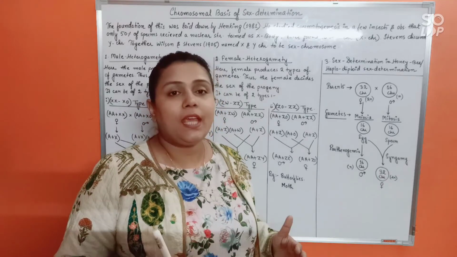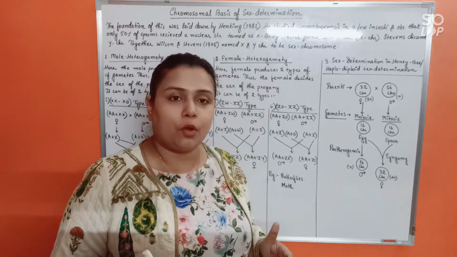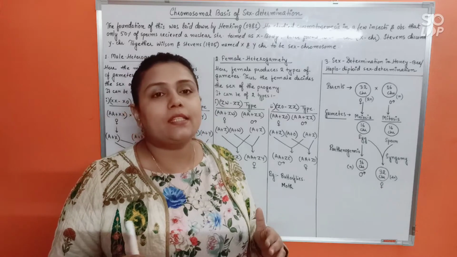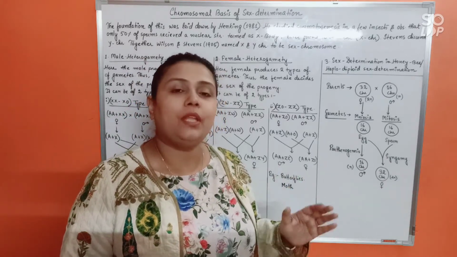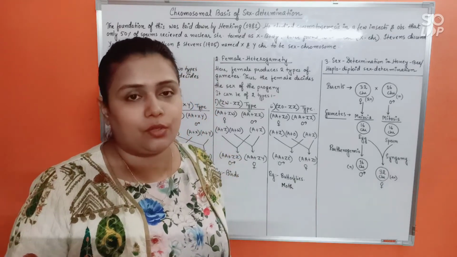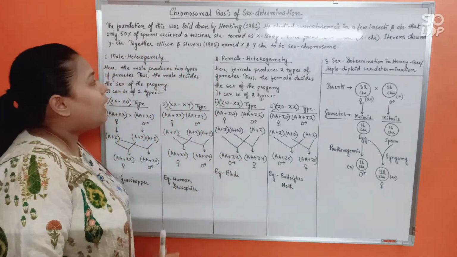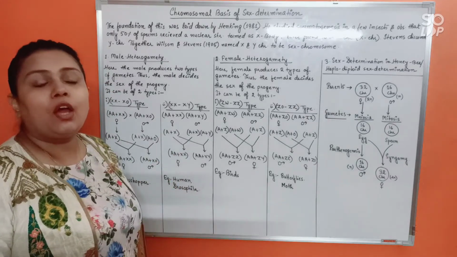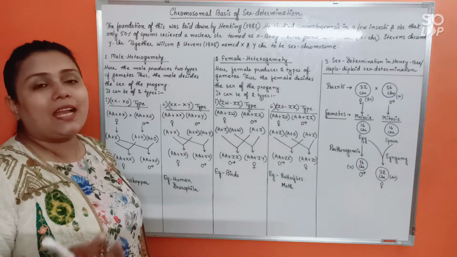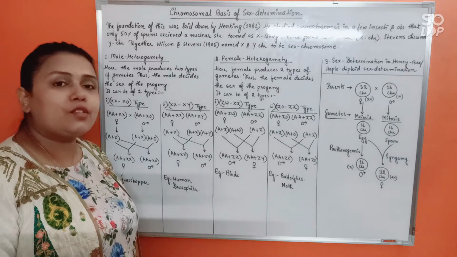So we have two types of chromosomes in our body: autosomes, which decide the bodily characteristics, and allosomes or sex chromosomes, which decide the sex specific characteristics. X and Y chromosomes, from 1905, were given the category of allosomes or sex chromosomes.